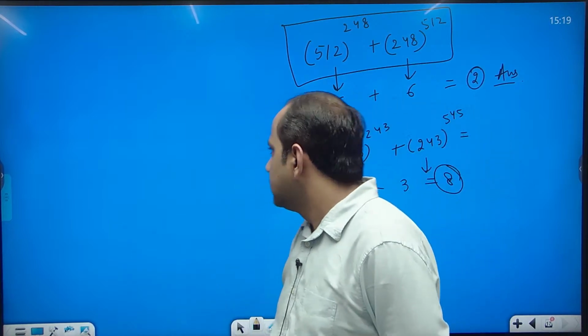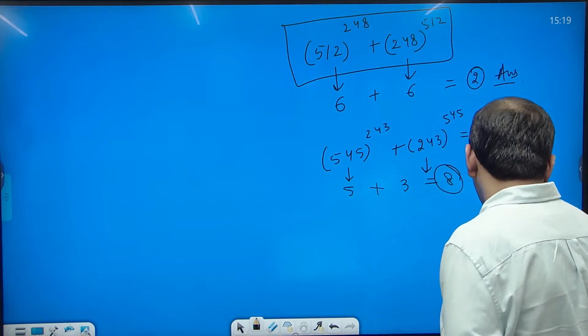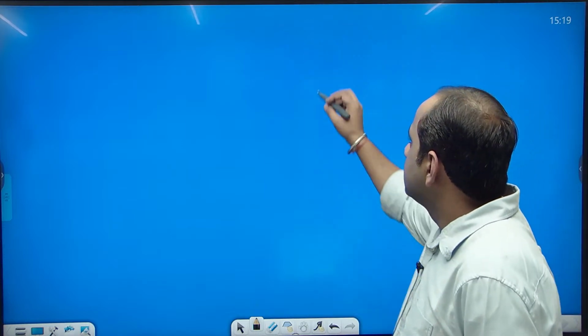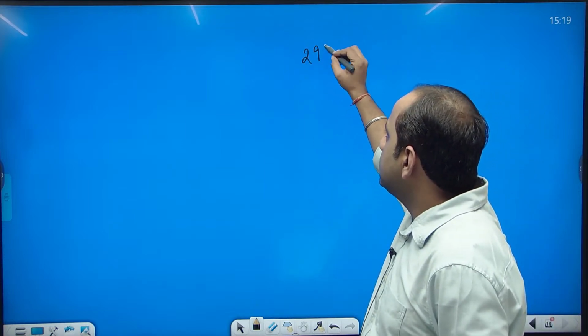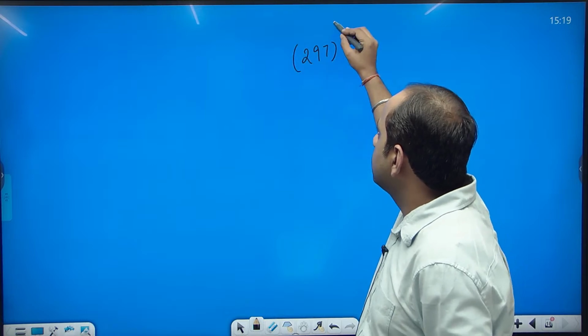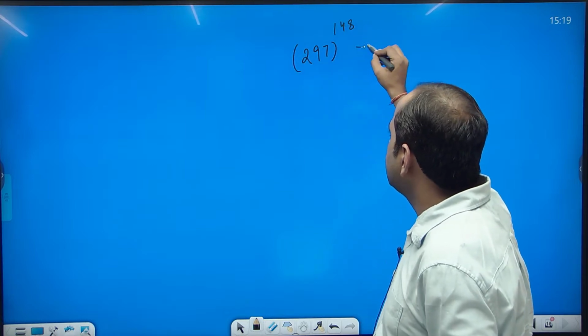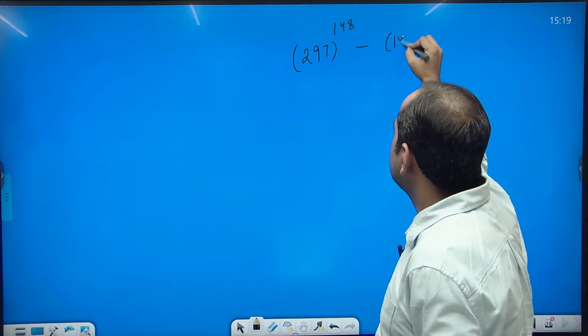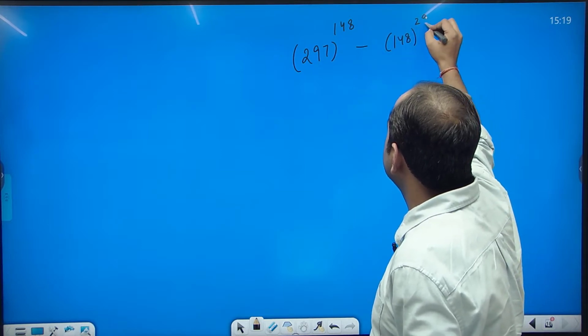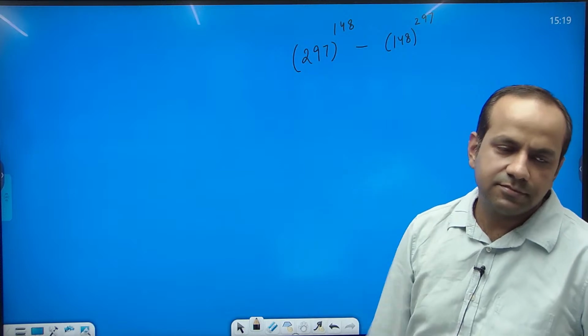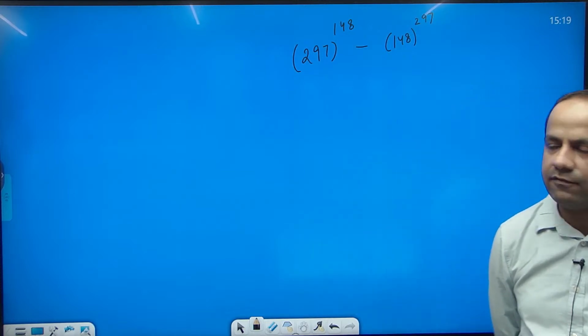Okay. Let's see, if I say 297 raised to power 148 minus 148 raised to power 297, I need to calculate the unit digit here. In this case, we have a negative sign.